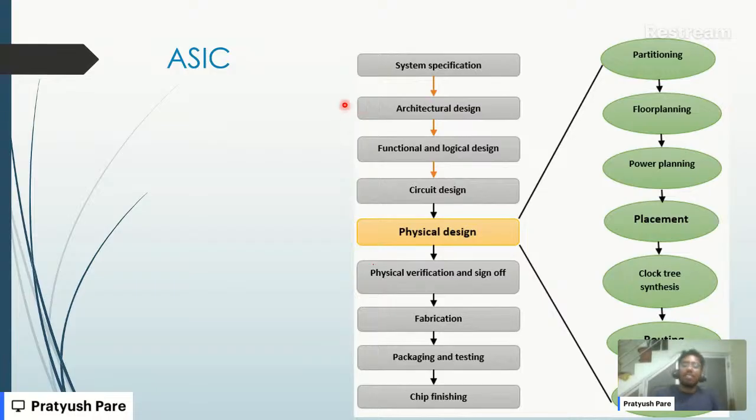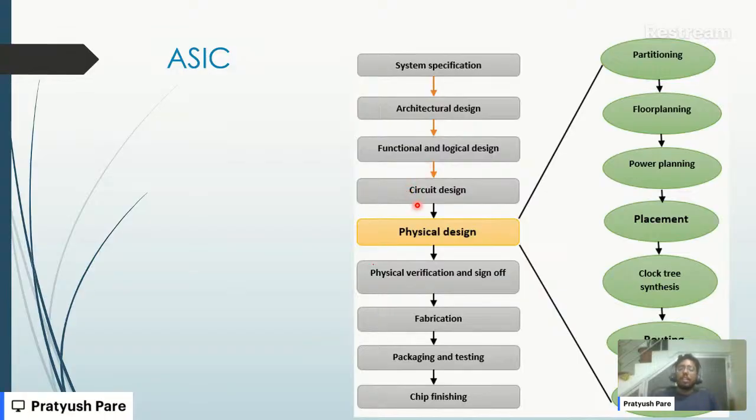We write the ideal codes, we create the analog IPs or everything required according to the system specifications, and then we do the functional and logical design. This involves functional and logical simulations also, and we compare the design to check if it is matching the architectural design or not. Then we have the circuit design, where we need to place the standard cells and everything like that.